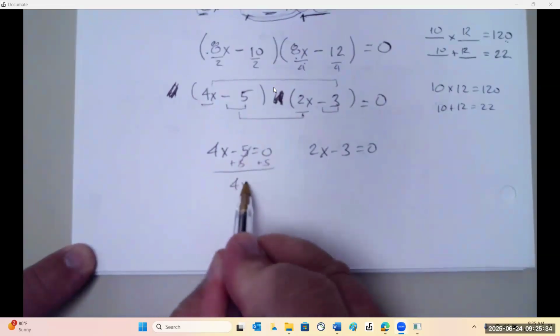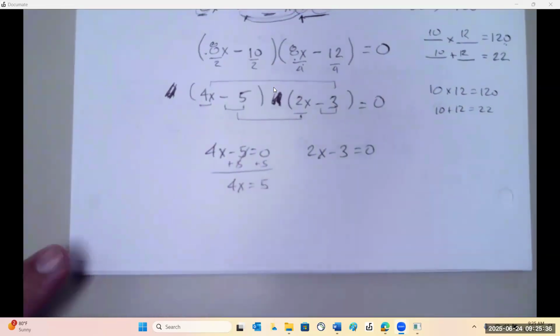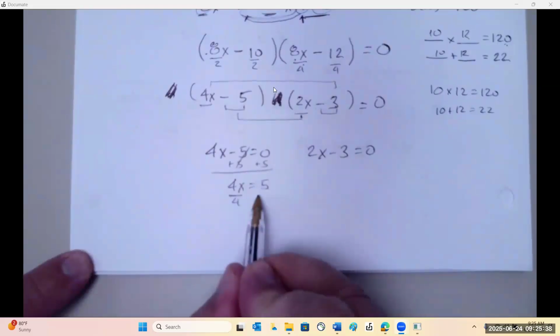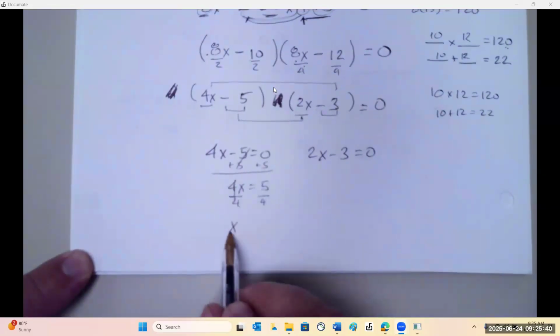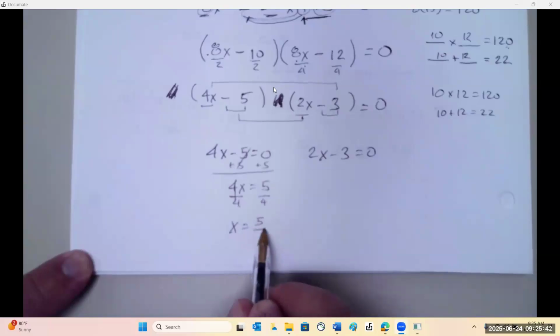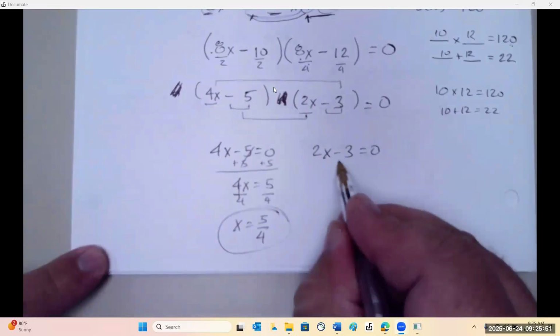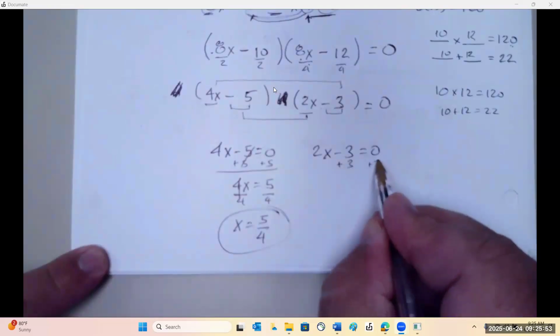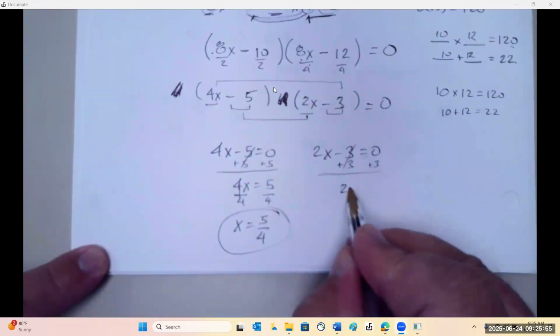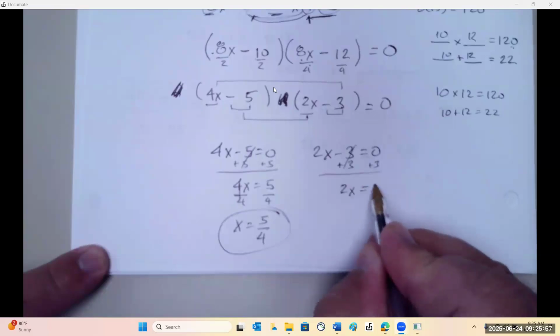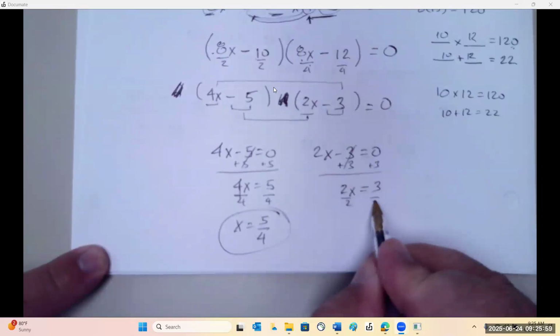So we have 4x equals 5. And divide by 4. Again, it's all order of operations. And then same thing here. Add 3 first. And then divide by 2.